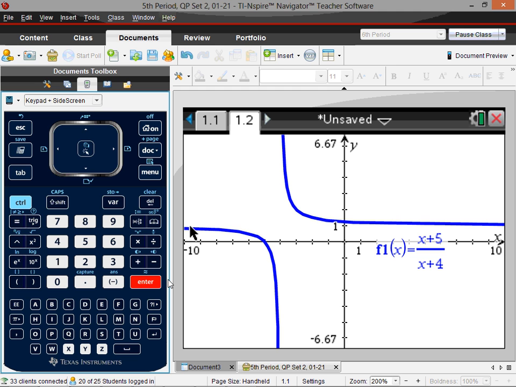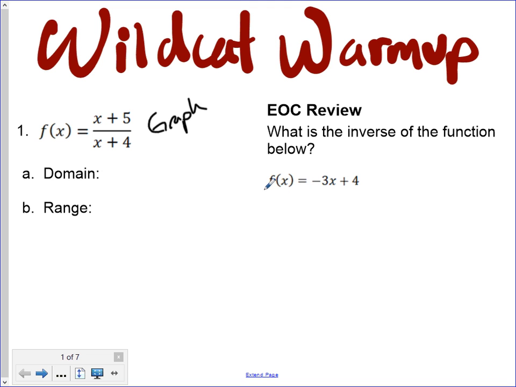Okay, let's interpret the graph now. Somebody else, domain. The domain is the set of x values.